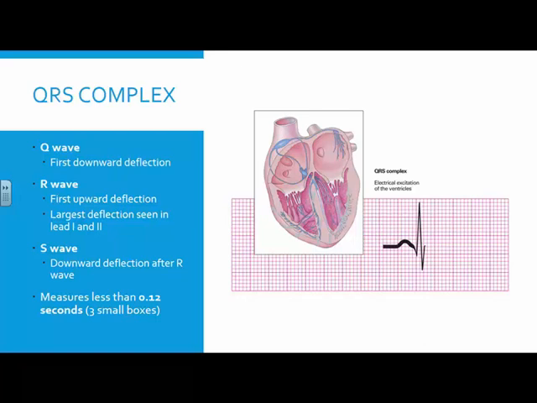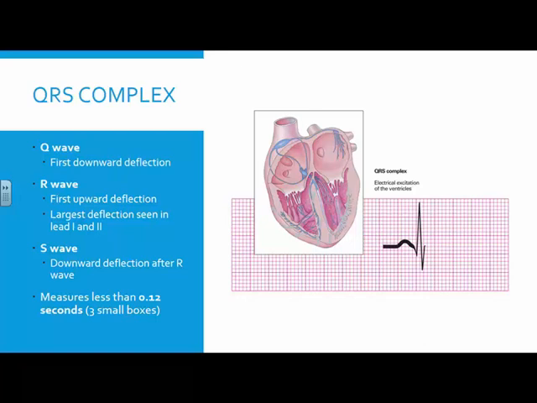Rarely do you have in a normal sinus rhythm a Q wave of any measure. Very small. Your R wave, your first upward deflection, so you got your Q, you got your R, then you got your S, which is your downward deflection after the R wave.